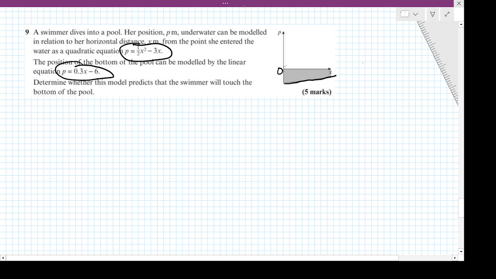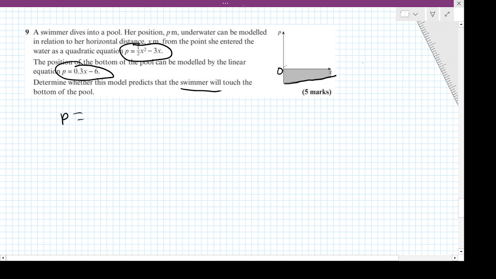If it has a solution, then the curves will cross over and intersect. If they intersect like this, for example, that would mean the swimmer has to touch the bottom. It has to touch this line here. So imagine the swimmer basically is on the U shape, the quadratic, right? Does it touch the bottom of the pool? Which means, are there any intersections between those two graphs?